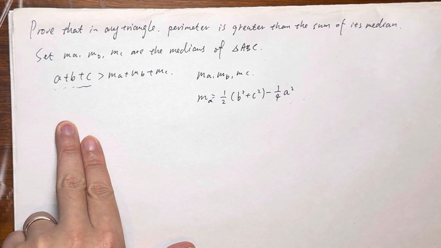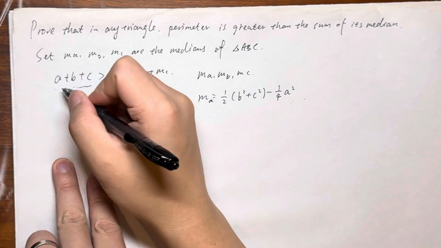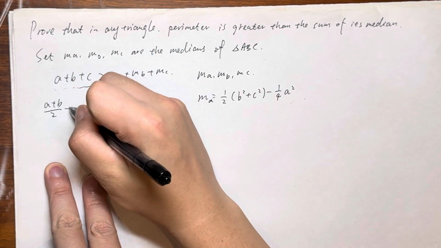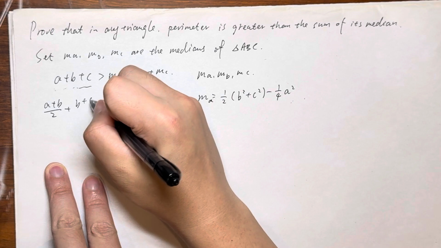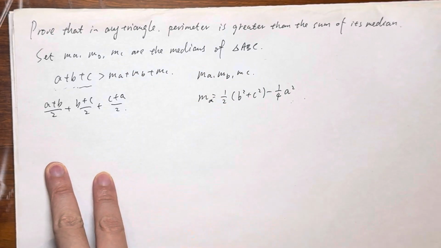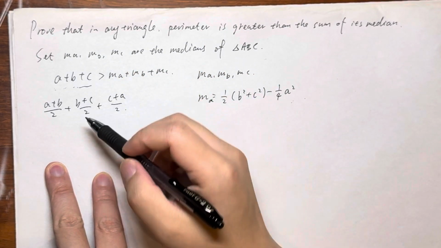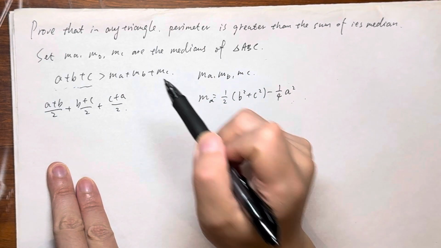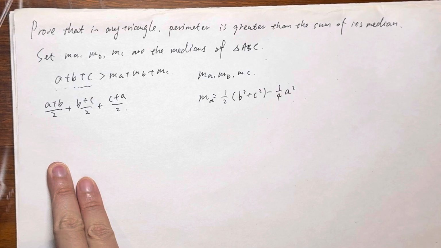The easiest way that we can think of is to split a plus b plus c to be (a plus b) divided by 2 plus (b plus c) divided by 2 plus (c plus a) divided by 2. And we can see that each one refers to one of the medians.